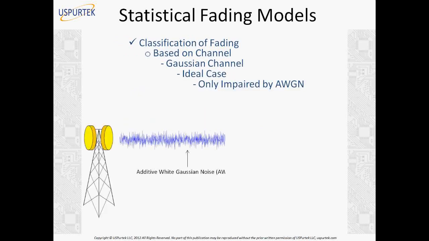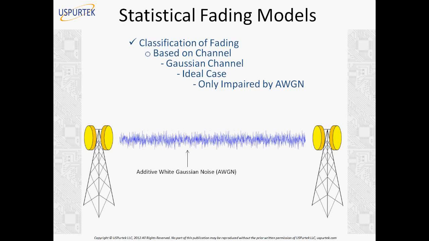If it is a Gaussian channel, the Gaussian channel is the ideal case. There we are assuming there are no other fading effects actually. The only impairment in the channel is caused by the natural additive white Gaussian noise, AWGN. You can't avoid this. This is there inherently in the universe.